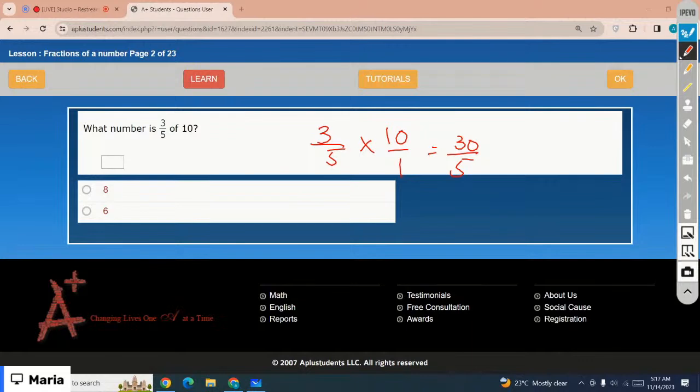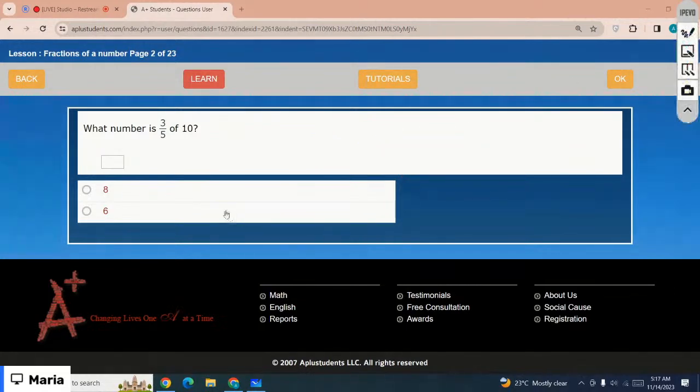So 5 times 6 is 30. Think and then answer. The correct option is 6.